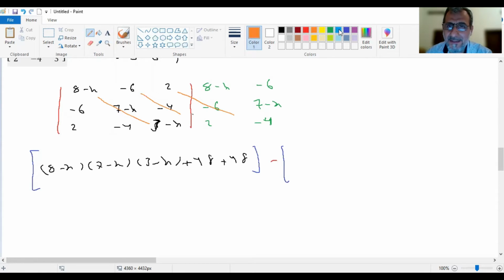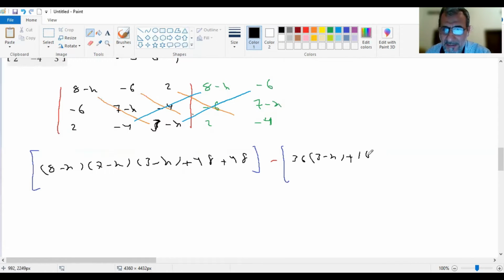See this one, negative 6 by negative 6 by this one. So what I have, negative 6 by negative 6, it will be 36. Multiply by 3 minus lambda. Plus the multiplication of this diagonal: 8 minus lambda by negative 4, 16.